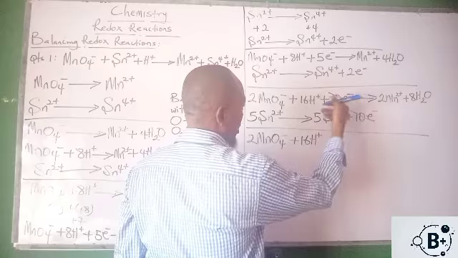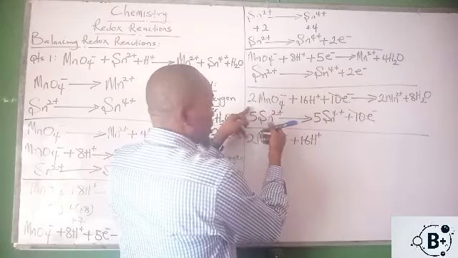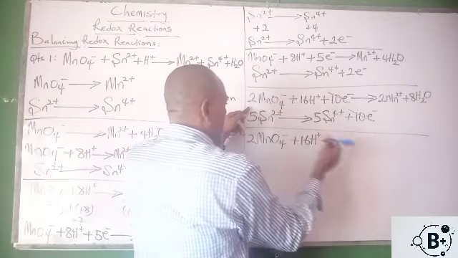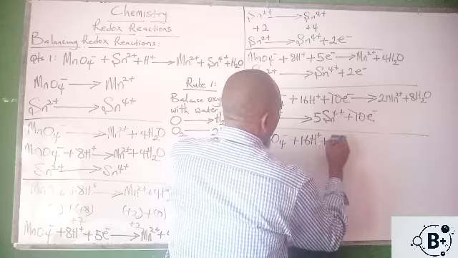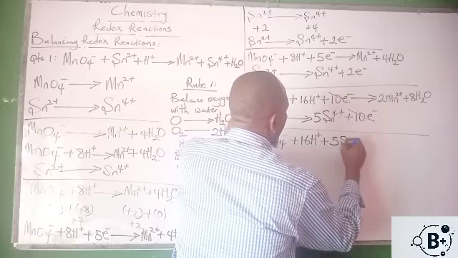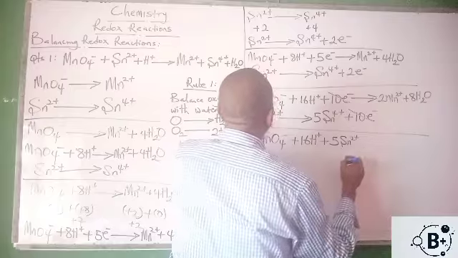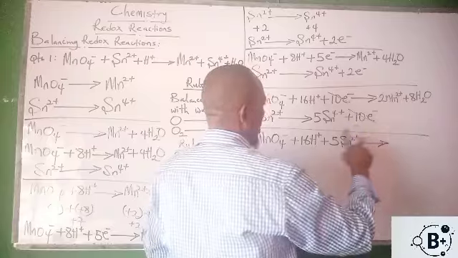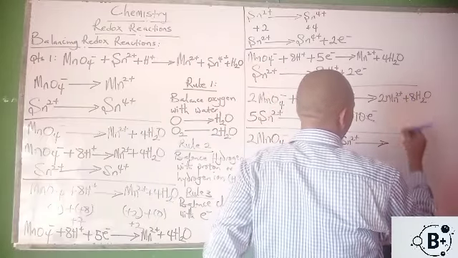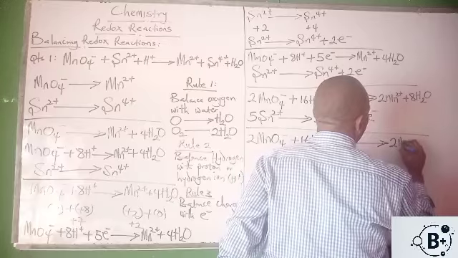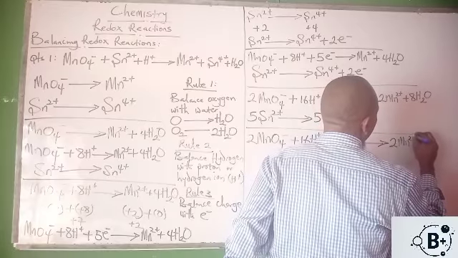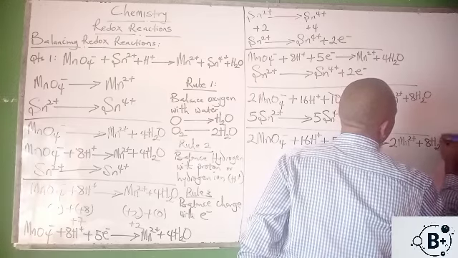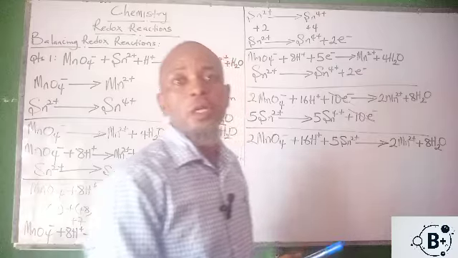Of course the 10 electrons have been cancelled, so I won't write them again. Then I come to this side, the next one I'm writing because they are on the same side, plus 5Sn2+. Now the arrow will point to this side, which is giving us, I write this first, 2Mn2+ plus 8 molecules of water.